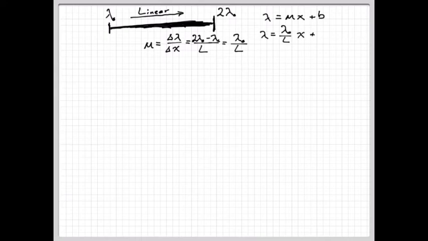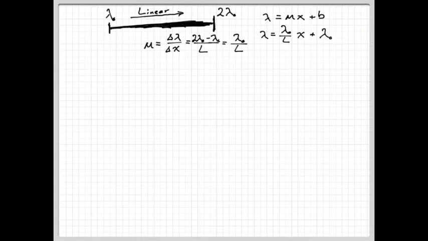And then b represents, on a graph, your slope-intercept. And in the equation, it's whatever the initial density is, which we already said on the left end of the stick, the initial density is lambda 0. Okay, what we've established then is a formula to talk about the density changing linearly along this stick.